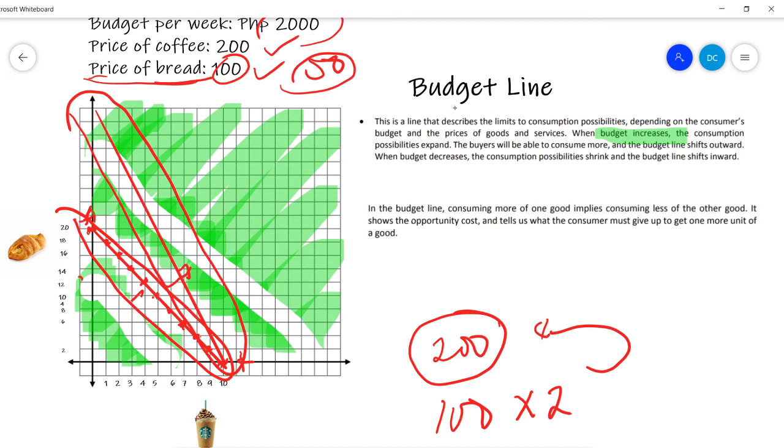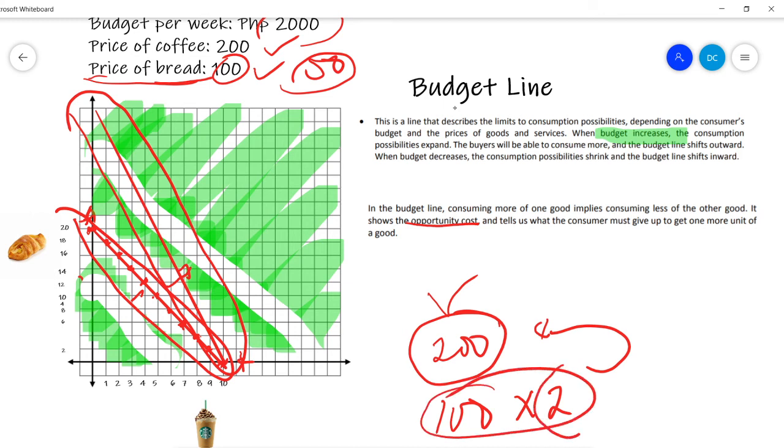So in the budget line, consuming more of one good implies consuming less of the other good. It shows the concept of opportunity cost, and tells us what the consumer must give up to get one more unit of a good. Okay, for us, if the price of coffee is 200 and it is twice as much the price of bread, therefore, para makuha mo yung additional unit of this, you have to give up 2 breads.